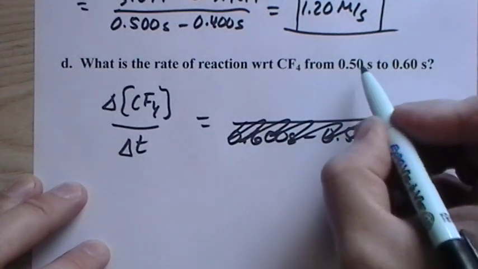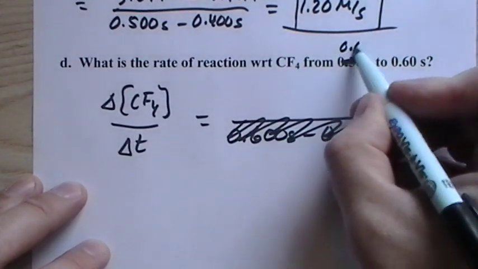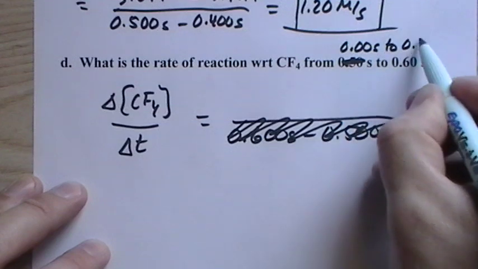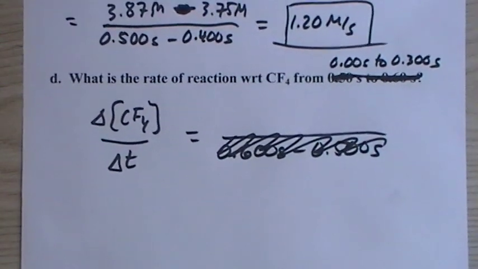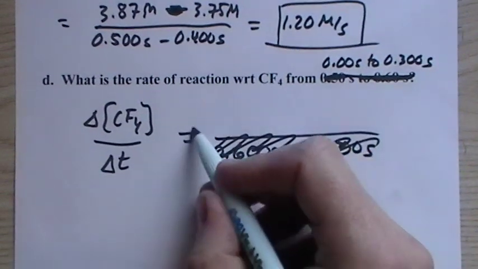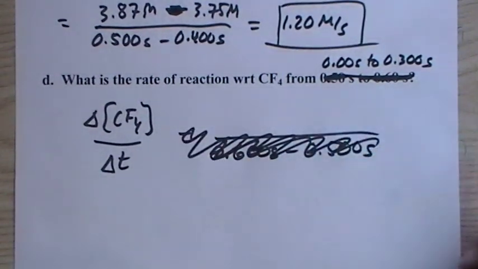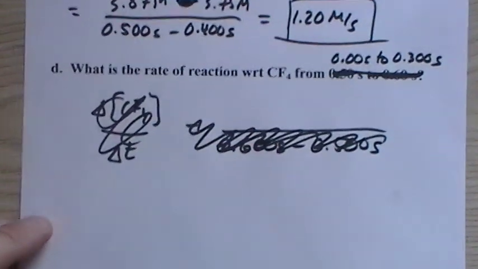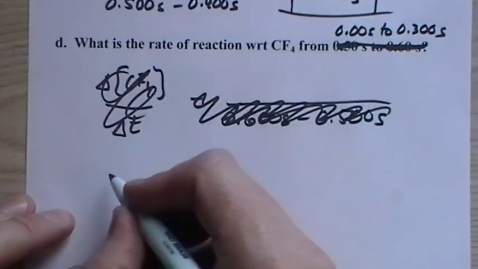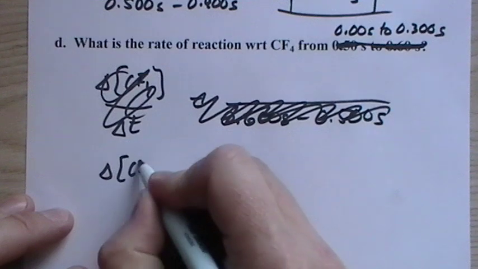Let's go from 0.0 seconds to 0.3 seconds. I've been going up one increment, 0.1 second at a time, just cause. But there's no reason that we can't use any time frame that we're given. We can start at any point and end at any point. So let's do something that is not just a 0.1 second difference.